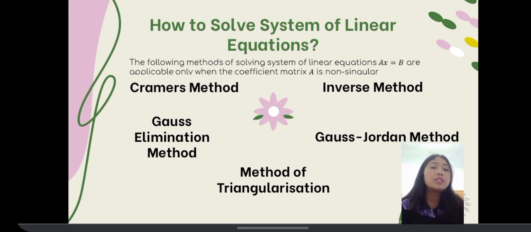We can also use this method to estimate the rank of the given matrix. So the difference between the Gauss-Jordan method and the Gauss elimination method is that the Gauss-Jordan method converts a matrix into reduced row echelon form to find the solution.